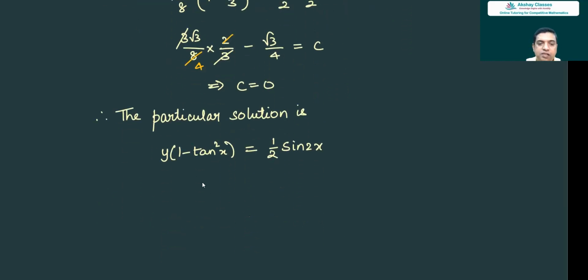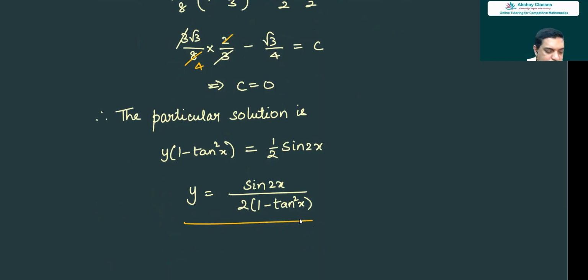Or in other words, writing it differently, y is sine 2x upon 2 times 1 minus tan square x. So this is the solution.